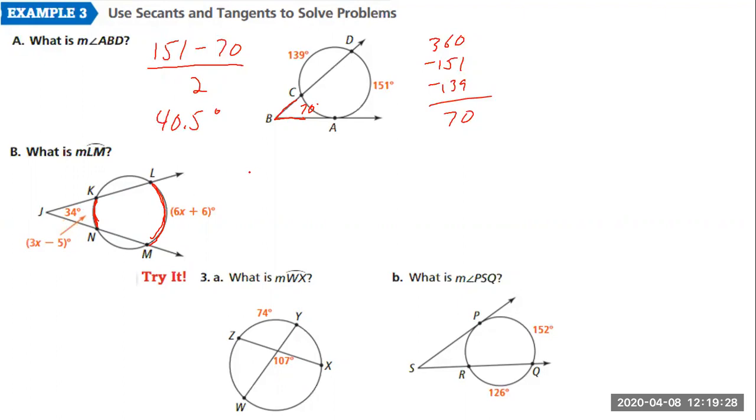So we have the angle is 34 degrees, and we know that the angle is going to be equal to the big arc, which in this case was 6x plus 6, minus the little arc, which is 3x minus 5, and then divided by 2. So the difference of big arc minus little arc divided by 2.